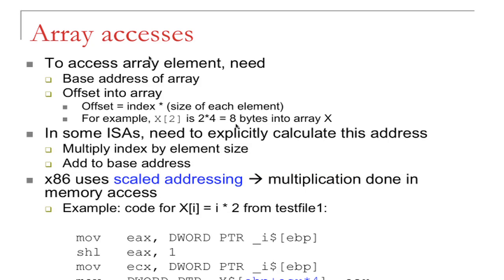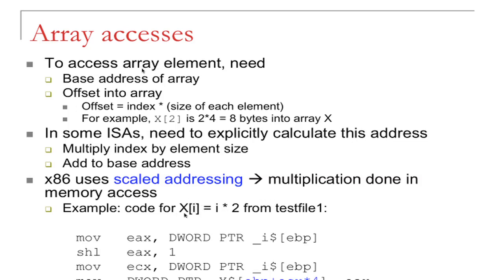So the offset is going to be 8 bytes into the array X. In some instruction set architecture, you need to explicitly calculate this address. So you spend additional instruction to do the multiplication to get the actual address. In x86, we have this scaled addressing mode where multiplication is done in the memory access instruction.